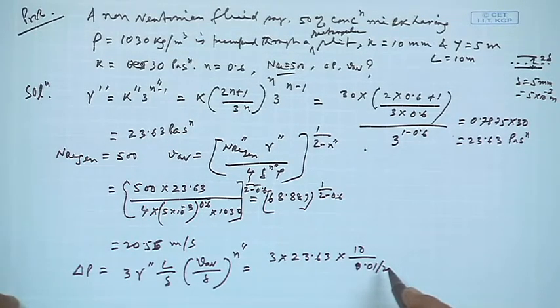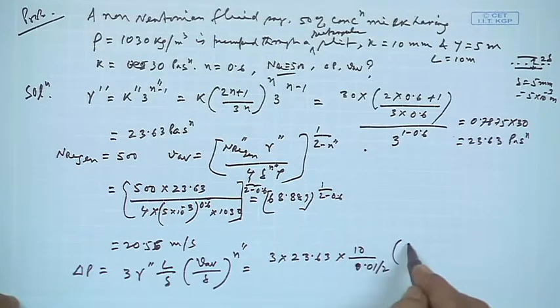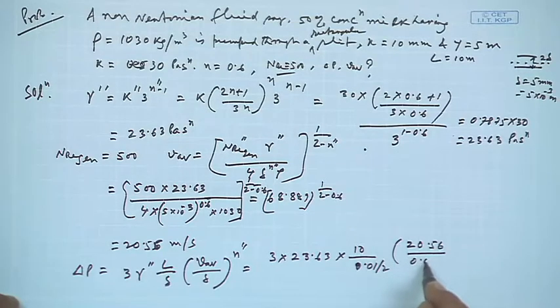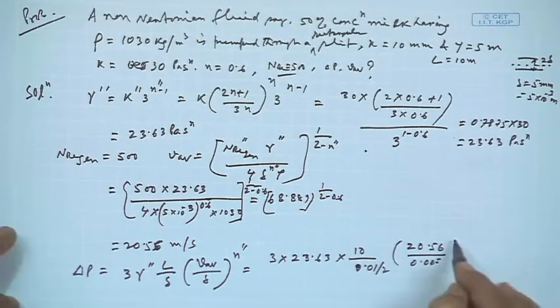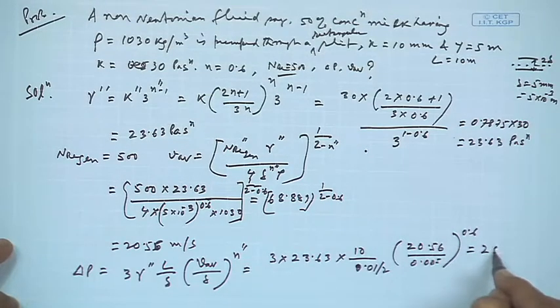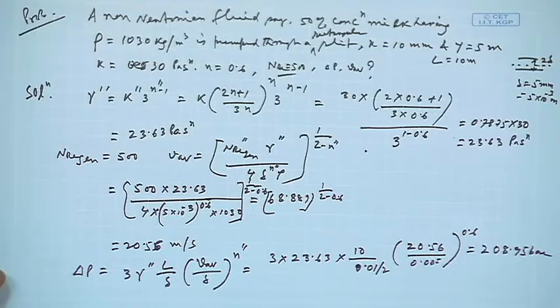And V average is 20.56 divided by 0.005, to the power 0.6. So this comes on calculation to 208.95 bar.